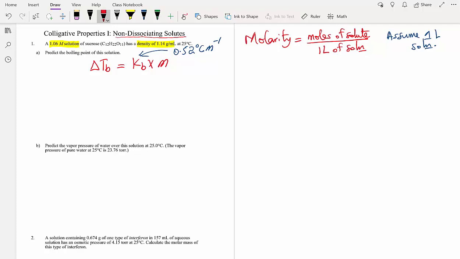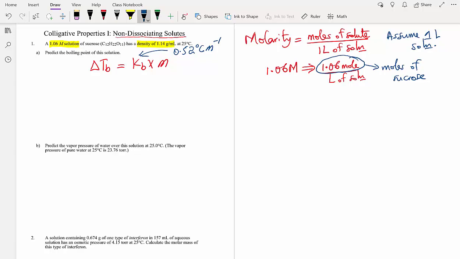This means that 1.06 molar given to us is the same thing as 1.06 moles of the solute, which in this case is the sucrose, per liter of solution. And that means we now know the moles of sucrose, since we are making an assumption of 1 liter of the solution.